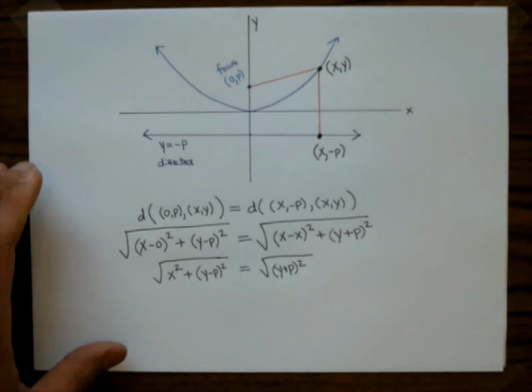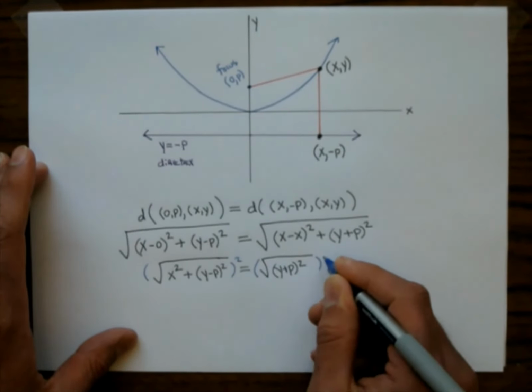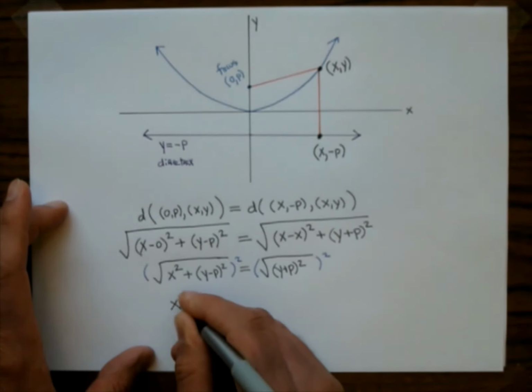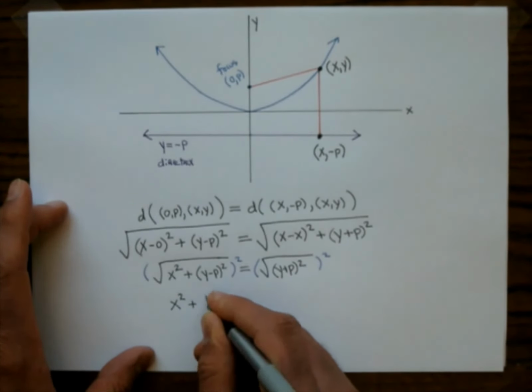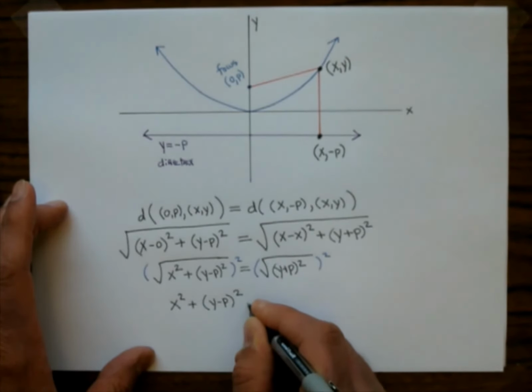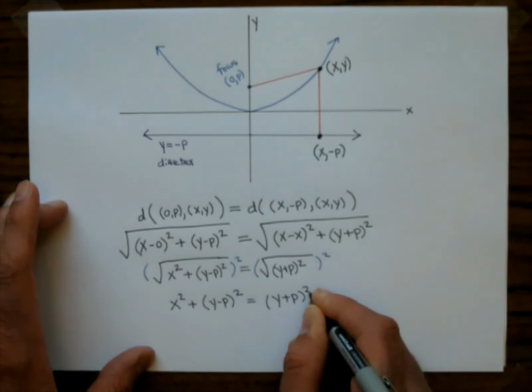Okay, I'm going to go ahead and square both sides here. What I end up getting is x squared plus y minus p squared equals y plus p squared.